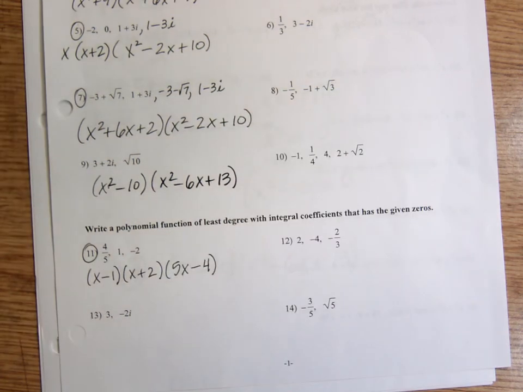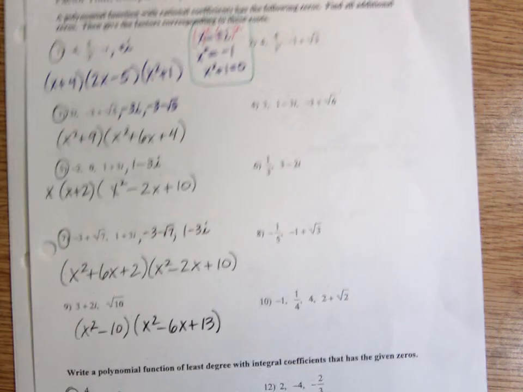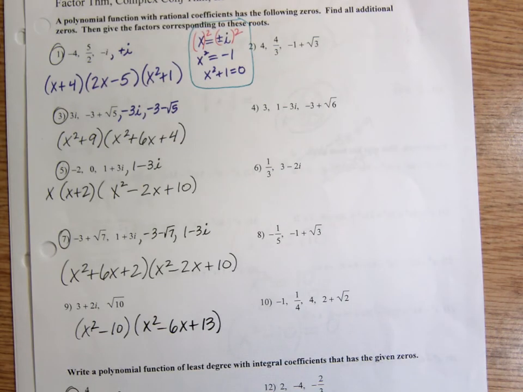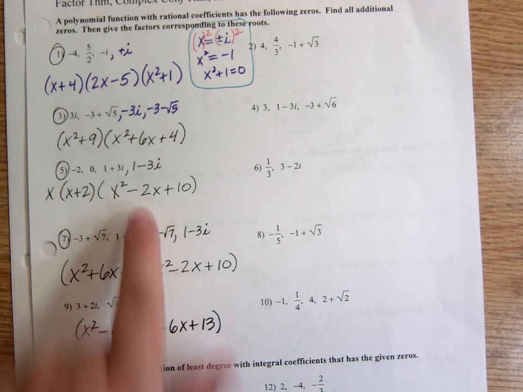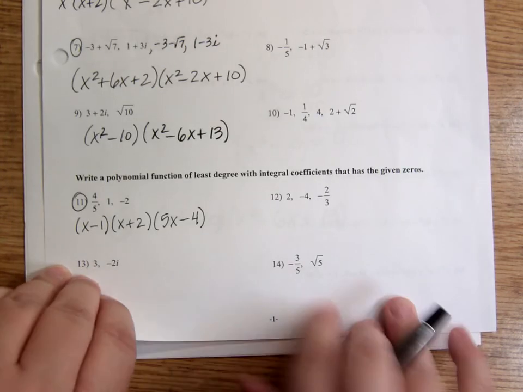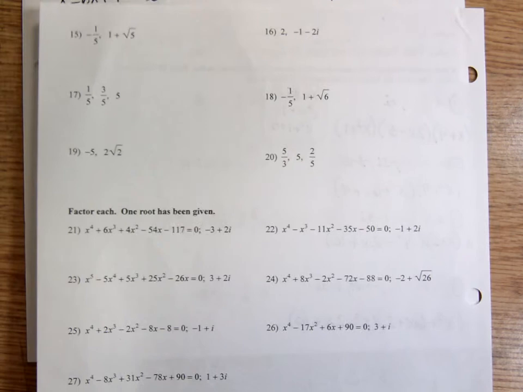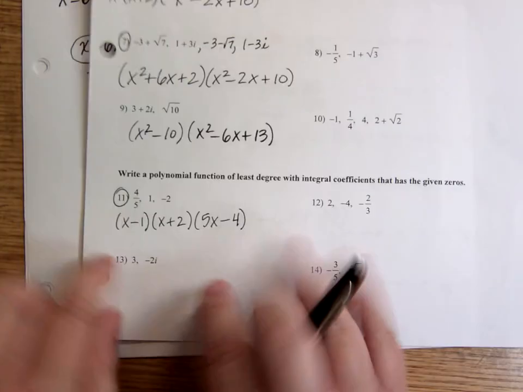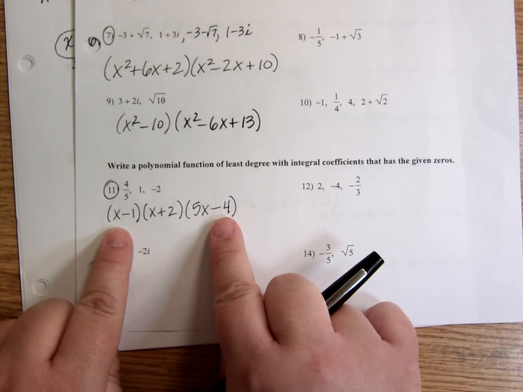Now on 1 through 10, it does not ask you to multiply it out. It just says find the factors. I just happen to be writing them next to each other. Numbers 11 through 20 ask me to find the polynomial. So that means I get these factors, and then I multiply it out.